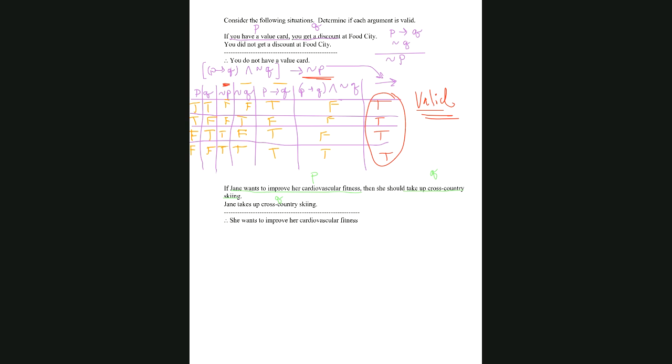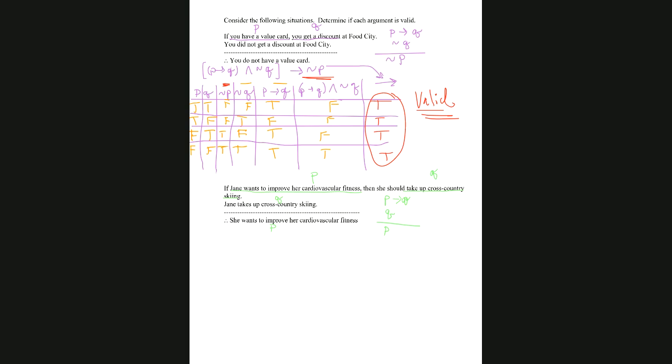So P. So what this is saying is, if P, then Q, and then we know that Q is something that she wants, or she takes up cross-country skiing. So we know that Q happens, and we're going to conclude that then P must be true as well.